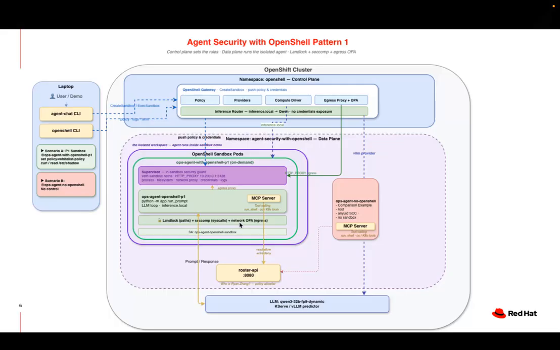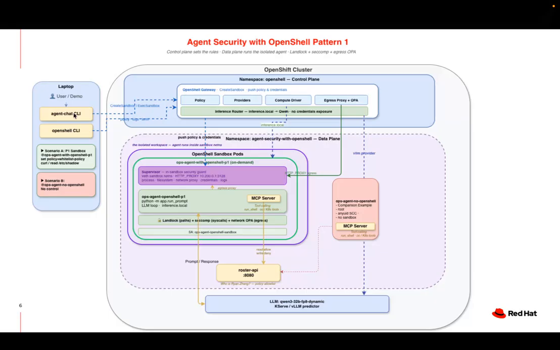Okay, let's have a look at pattern 1. There are more details in this diagram on how the components work together. On the left, you can see it's running on my laptop. I have a self-developed front-end CLI tool called Agent Chat.